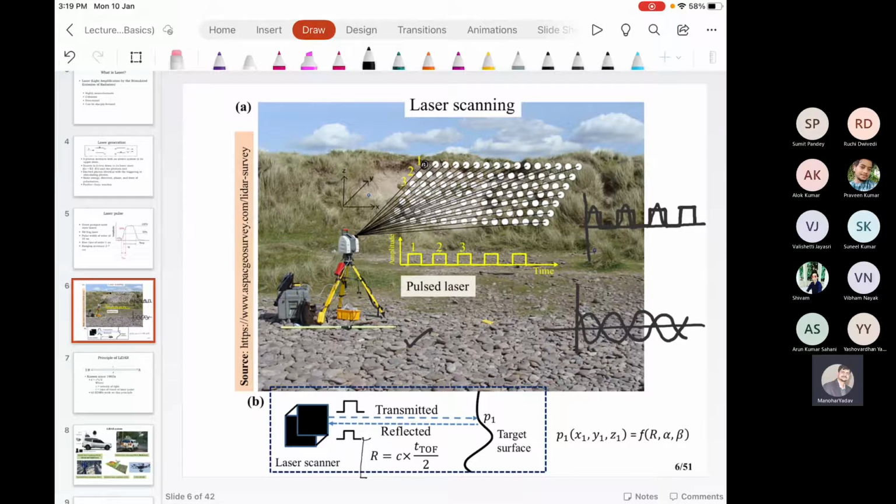So a particular pulse is transmitted, goes along this direction, hits the point at target 1 and returns back. So this range is calculated internally. What additional parameters are required to calculate the coordinates of point 1? We have already discussed this previously in the context of total station based operation.